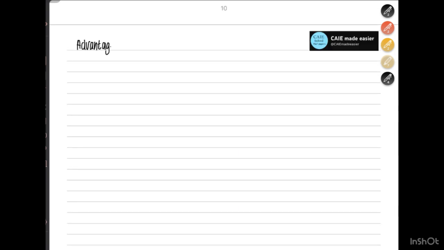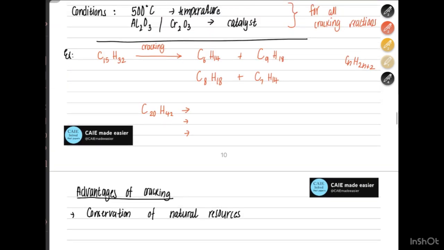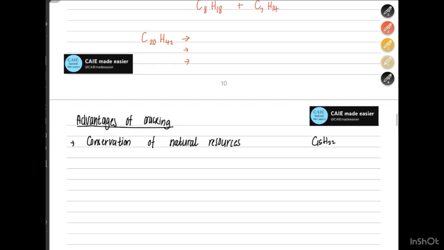What are the advantages of cracking? It conserves natural resources. For example, if you obtain, maybe from nature or by a chemical reaction, C15H32, and you don't really need it, you can break it down and get a lot of methane.